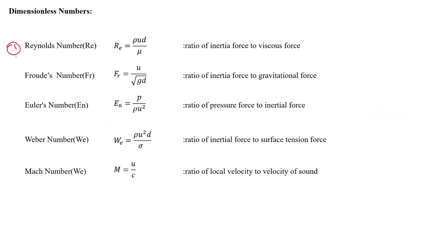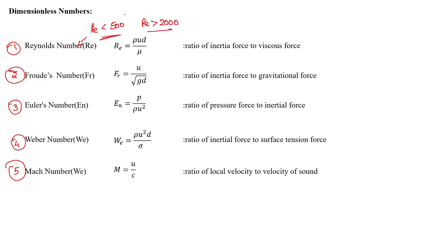The very first important dimensionless number is the Reynolds number. You all know why it is very important, because you might have seen values like Reynolds number less than 500, Reynolds number greater than 2000.